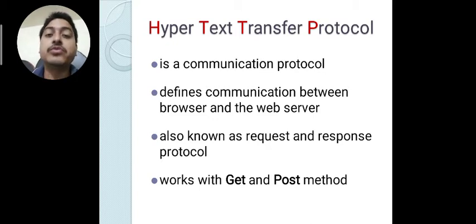HTTP works with two methods: the GET method and the POST method. The GET method is used to send files, and here much security is not there. In the POST method, whatever data we send is encrypted and sent securely. Okay, we'll discuss these two methods, GET and POST, in detail when we come to discuss HTTP in detail.